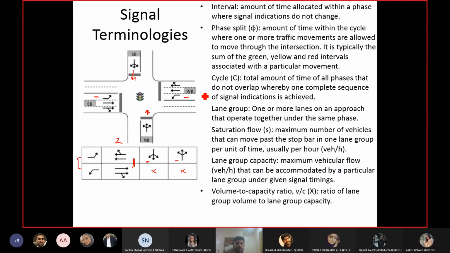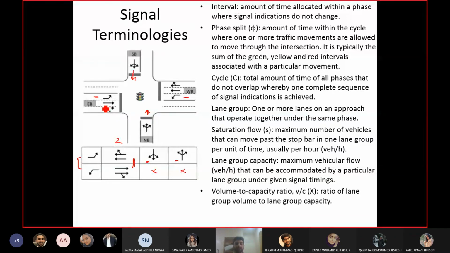But now each lane group has how many lanes? It has 2 lanes, because both lanes are operating under the same phase from this approach, and same thing for the westbound as well.